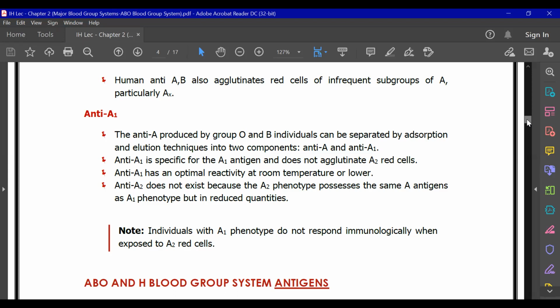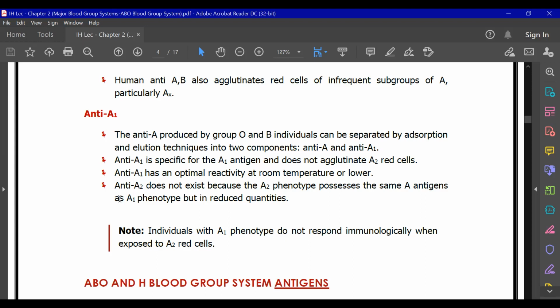This is just an overview. I think you will understand it better later when we get to the subgroups, because we have your A1 and A2 antigens under your A antigen. I only mentioned the A1 and A2 antigens because we are talking about anti-A1. You will learn later on what the difference is between your A1 antigen and your A2 antigen.